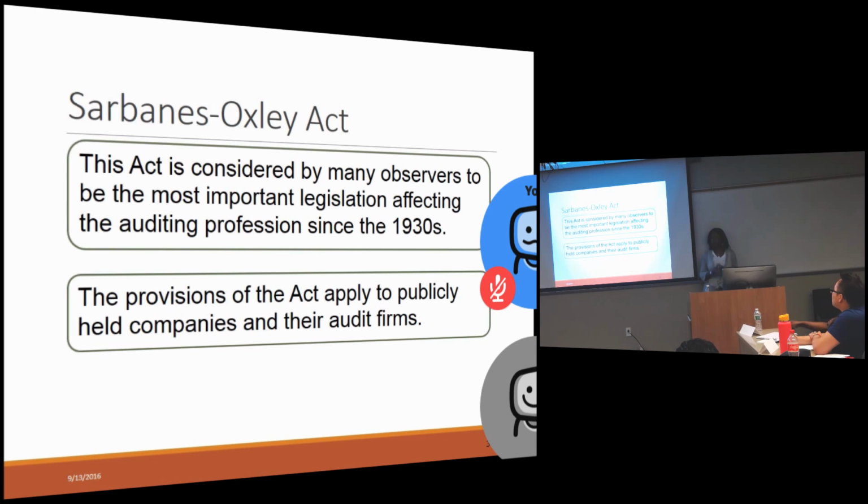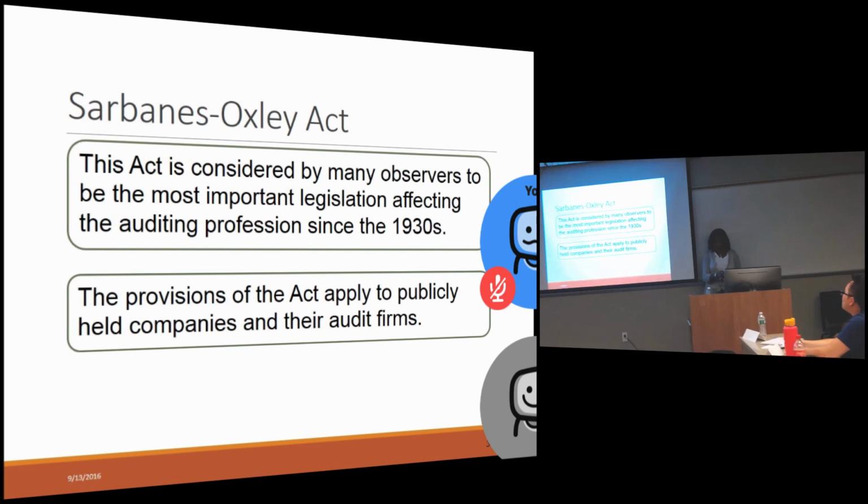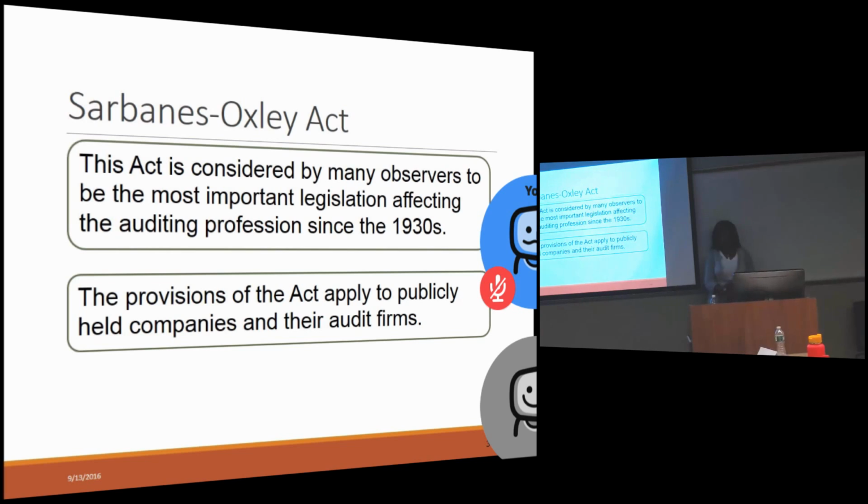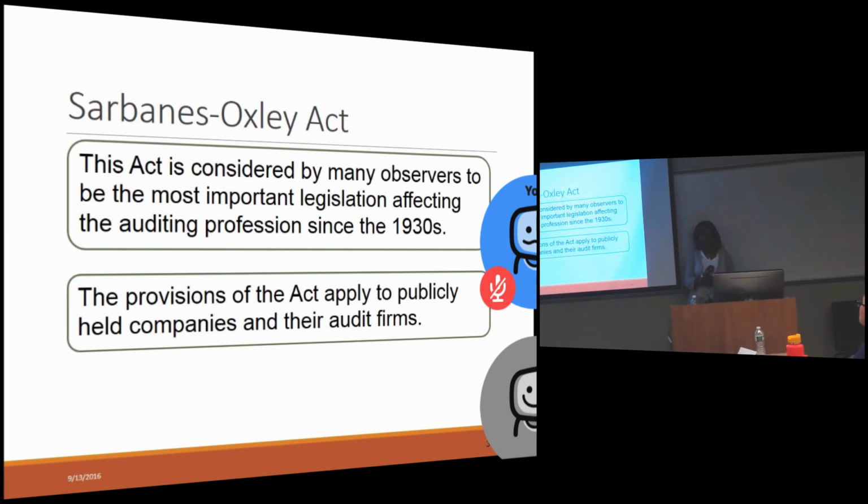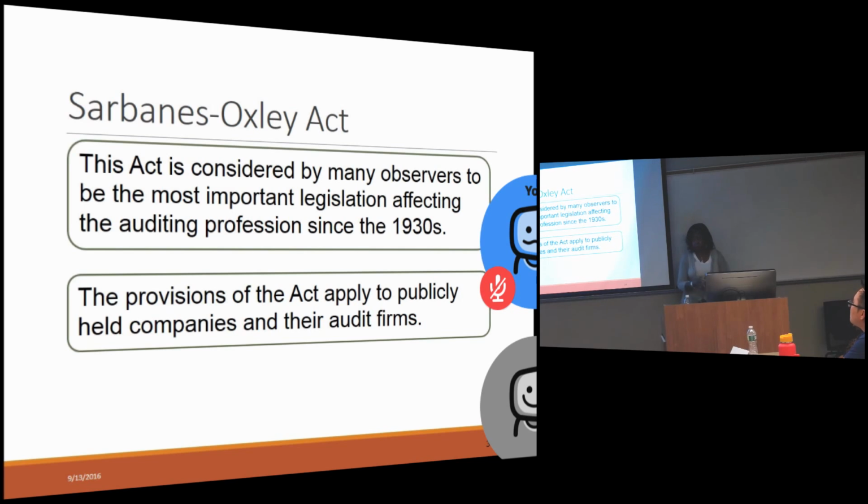So Sarbanes-Oxley basically was a game changer for the auditing profession, because the auditing profession went from being self-regulating to being regulated by government entities. The Sarbanes-Oxley Act addresses audits of public companies, so the PCAOB audits or inspects audit firms that audit public companies.